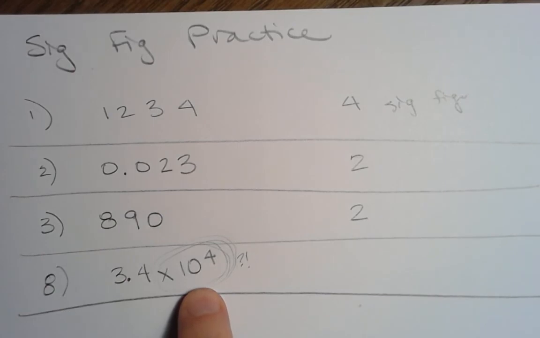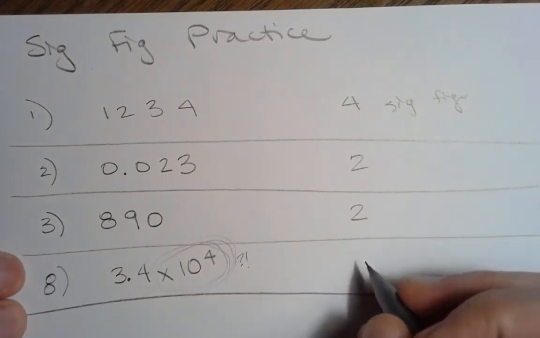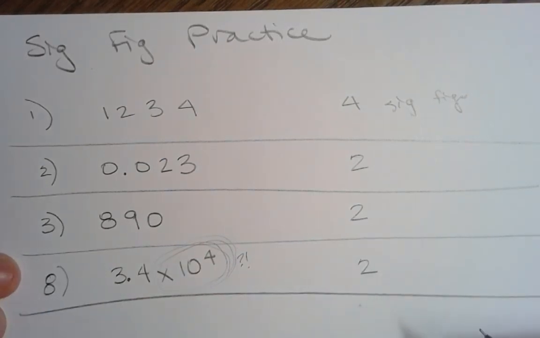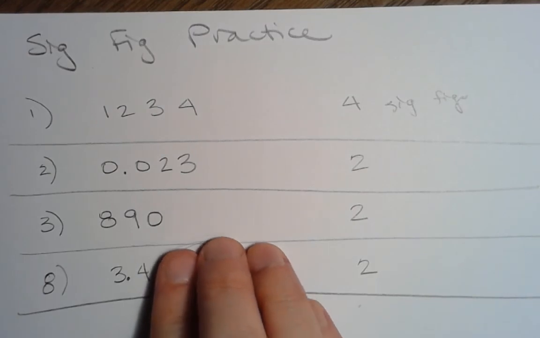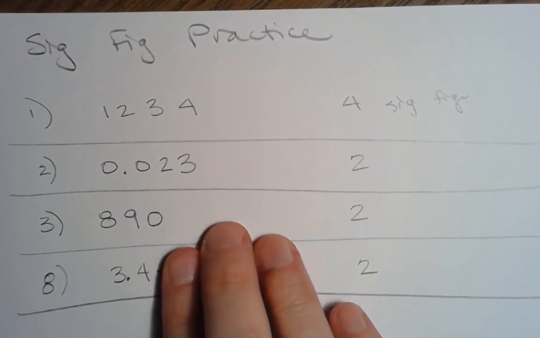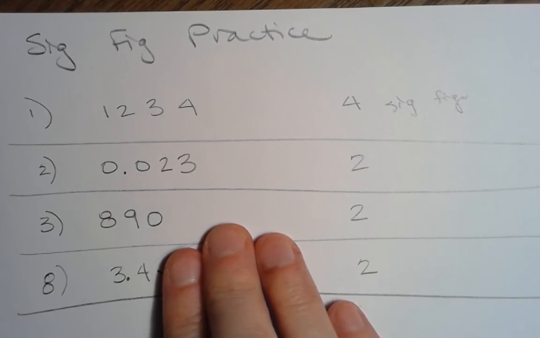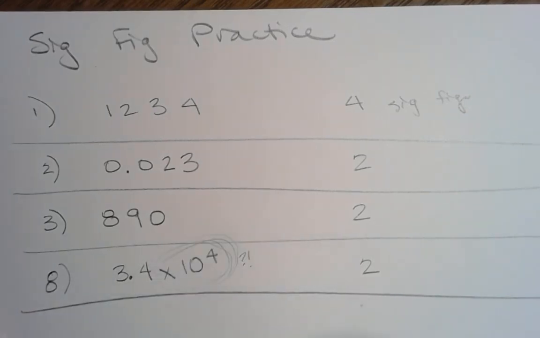None of these, in this particular case, show confidence at all. This times 10 to the 4 means it's a big number. The things we could actually measure, 3.4, there's only 2 sig figs in that picture. If you're like, what even just happened? Just in your mind, just imagine or ignore or delete the times 10 to the whatever. Soon you'll be very confident with it, but if you're just not right now, that's totally fine.